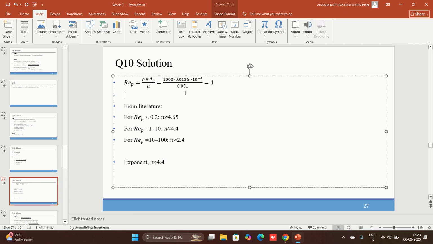1000 into 0.0136 into 10 power minus 4 divided by 0.001. It is 1.36. And from literature, if Re_p is less than 0.2, n is this, for 1 to 10 it is this, 10 to 100 it is this.